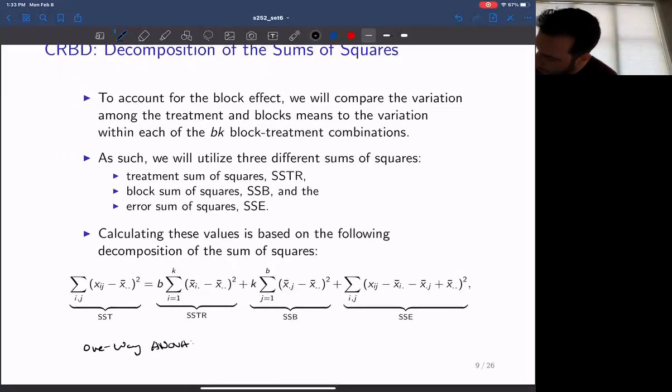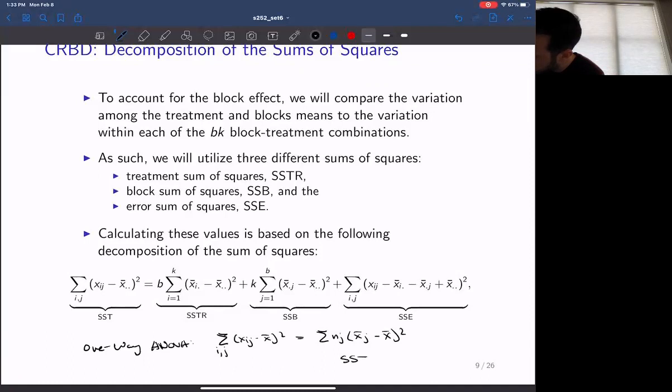decomposition. So with one-way ANOVA, we had the sum across all ij of (xij minus x bar) squared is equal to the sum of each nj times (x bar j minus x bar) squared.